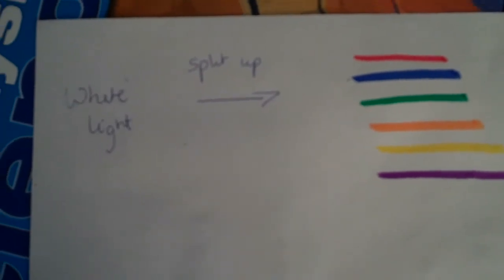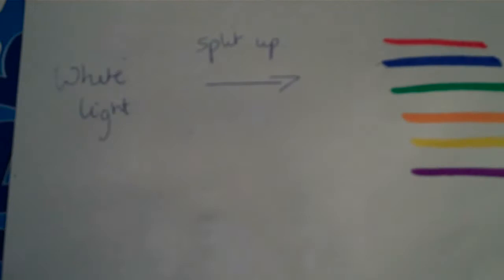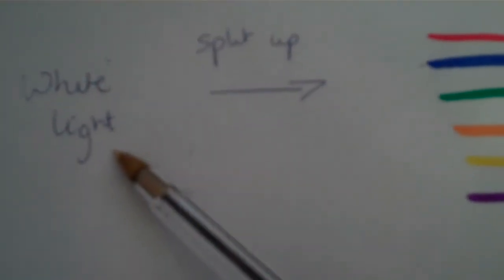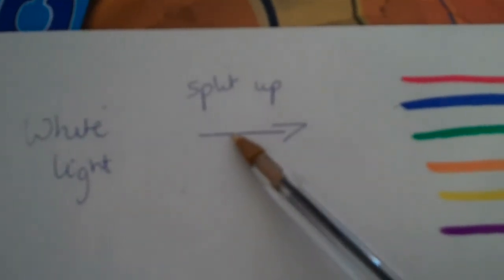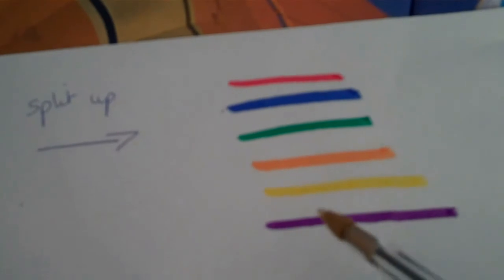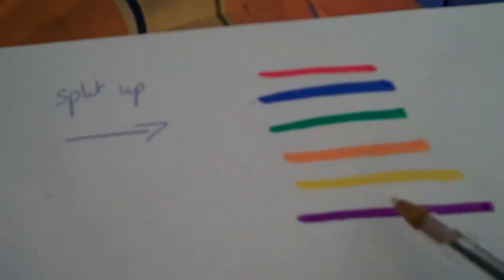Okay, so why is there a difference between mixing light and mixing food coloring? Let me try and explain here. We know that white light, when it's split up by water droplets, makes a rainbow. And the rainbow are all the different colors of light. So it makes sense that when we mix all the different colors of light, this goes back to being white light.